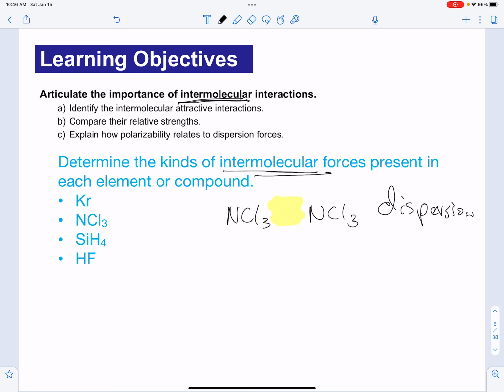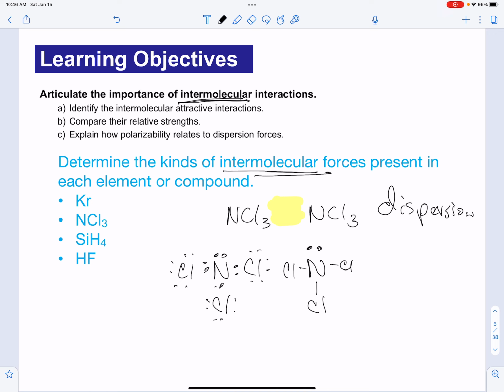Well, let's see. Nitrogen is going to have 5 valence electrons. Chlorine is going to have 1, 2, 3, 4, 5, 6, 7 valence electrons. So we're going to see the same on both of them. So all 3. So the Lewis structure is going to be N, Cl, Cl, and Cl.